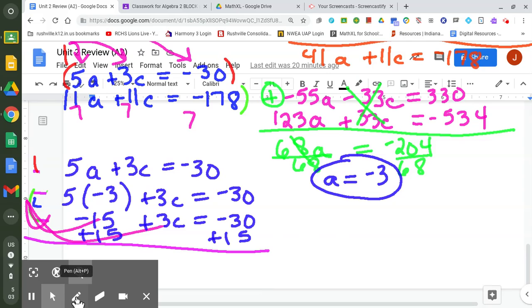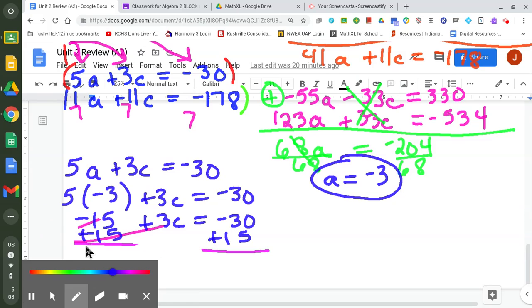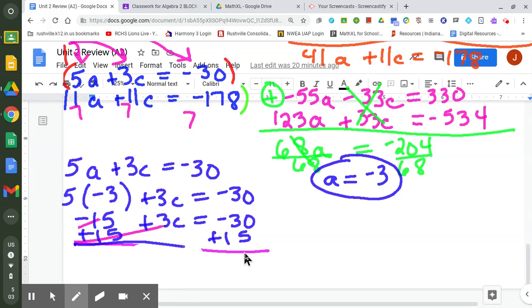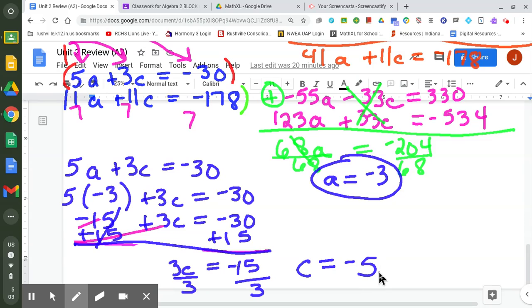I don't know how I got some crazy colors in there, but this gives me 3c equals negative 30 plus 15, which would be a negative 15. Divide by 3, divide by 3, and my c is negative 5. So now I have two of the variables that I was looking for.